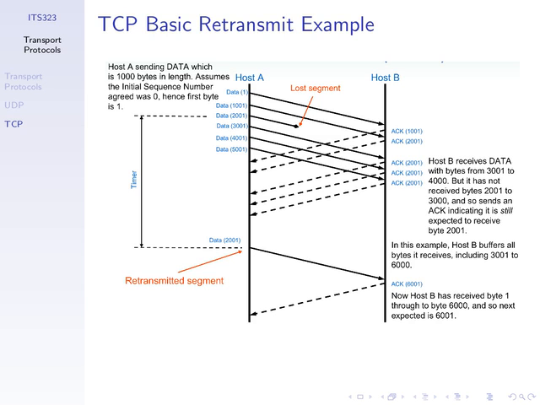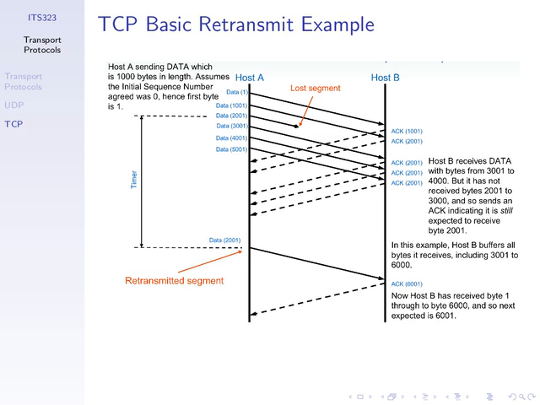Transmission time, propagation. So the timeout interval should be large enough such that we give B a chance to send an ACK back. That is, large enough so that we include the time to transmit the data, B to process it, and to get the ACK back. So just slightly larger than that time.